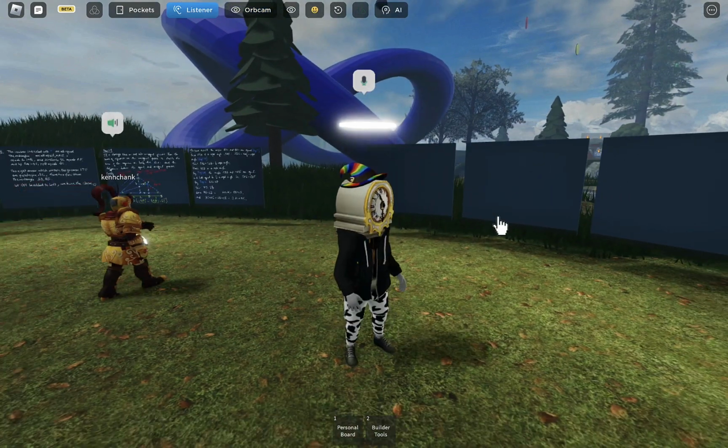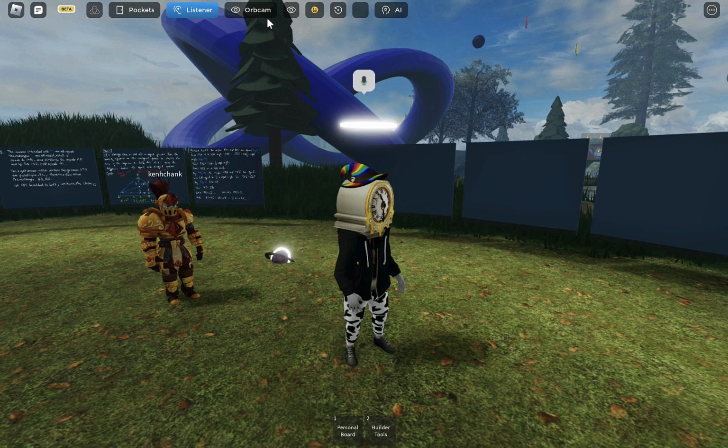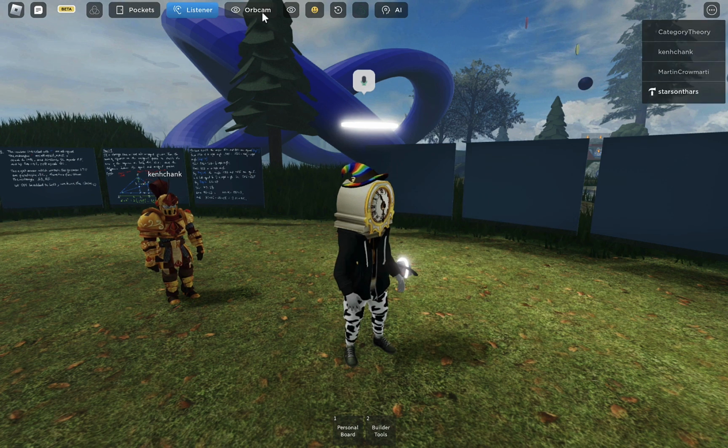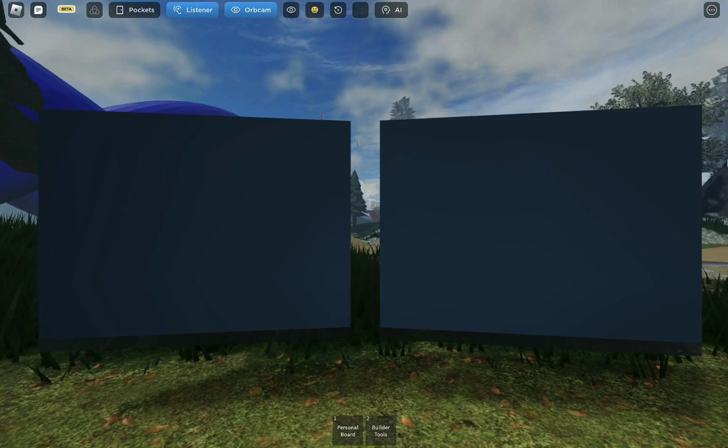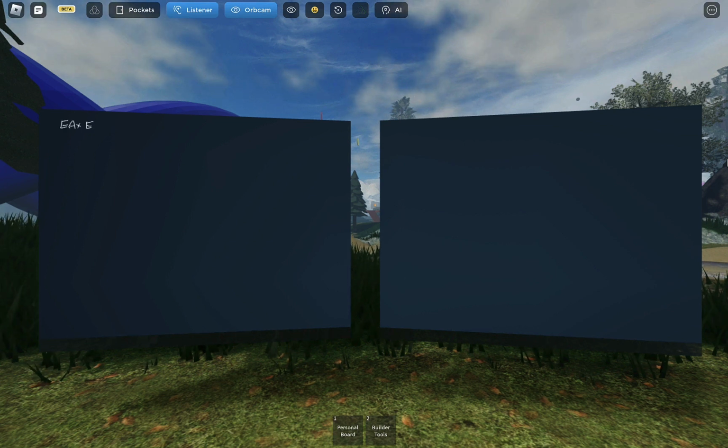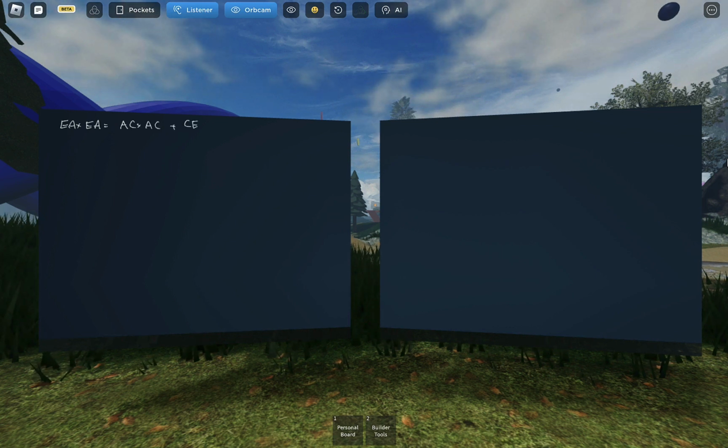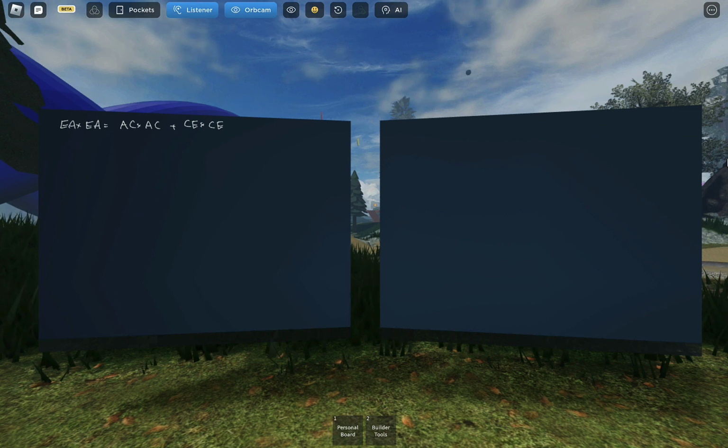I'm going to use Pythagoras at some point. Okay. Good. So we haven't written down anything super profound, and now we're going to use Pythagoras. EA cross EA is equal to AC cross AC plus CE cross CE. If you remember, EA was the hypotenuse that we drew, AC was the base, and CE was a line that we drew vertical, right?